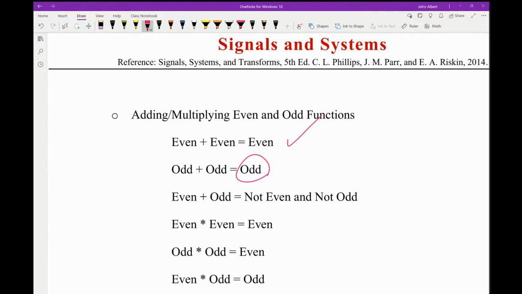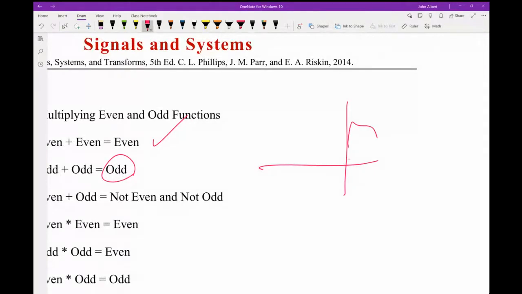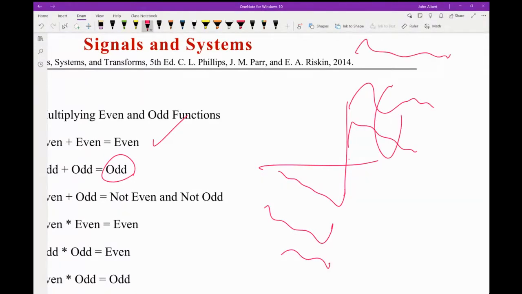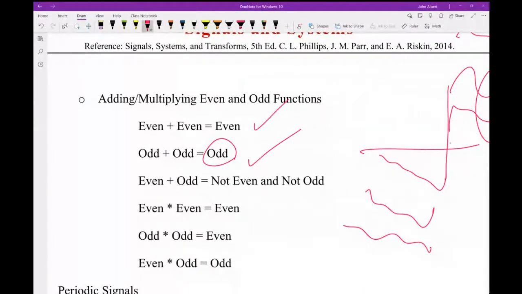Odd number plus odd number becomes even. However, an odd signal with an odd signal becomes odd. Why? Because one of them has something in here and the opposite of it there. And the other one also has something in here and something in there. If you add those, you'll get something in there that looks exactly similar to what you have in there, but opposite. Okay? So odd plus odd becomes odd.